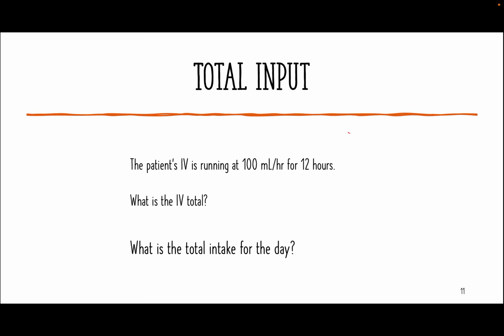Looking at the total input. If you have a question that's asking you about total input, that means breakfast, lunch, dinner, and IV. Let's write that on here. So breakfast, lunch, dinner, and IV. All of that goes in your total input. So all those numbers you just obtained. The patient's IV is running at 100 mLs per hour, and they're receiving that for 12 hours.